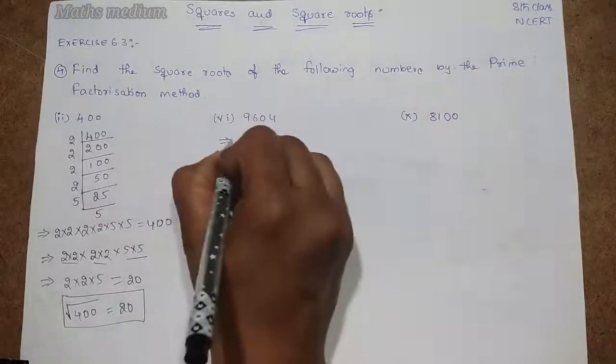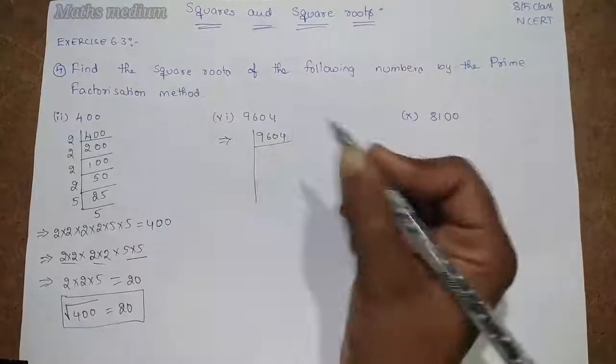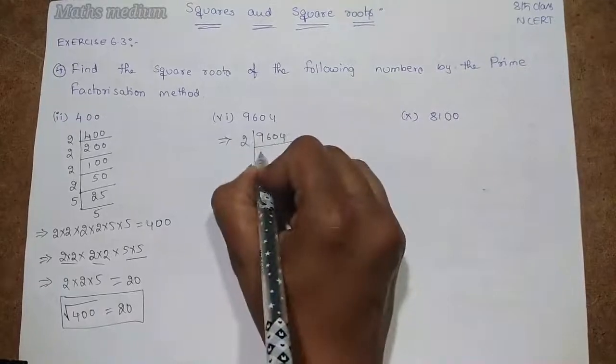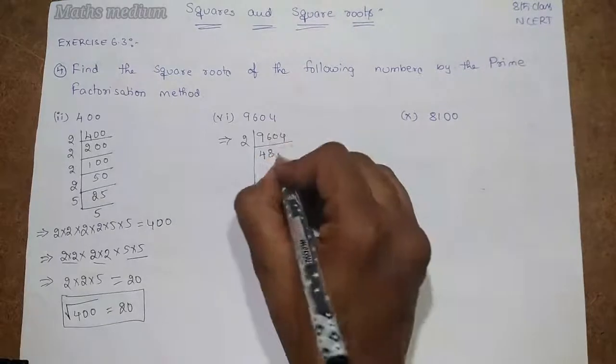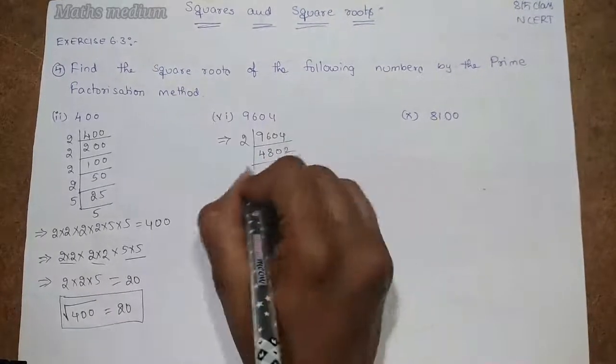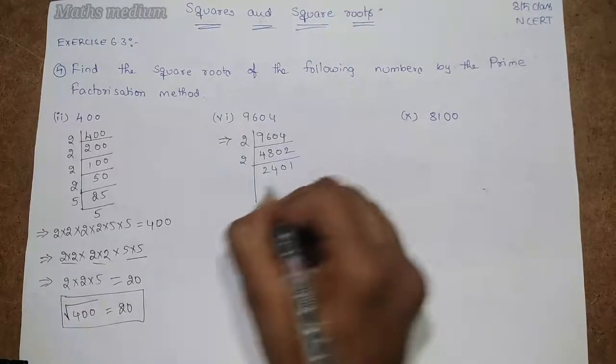Next, similarly this also, 9604. Use prime factorization. 2 4s are 8, 16 remaining. 2 8s are 16, 0. 2 2s are 4. Now again by 2, 2 2s are 4, 2 4s are 8, 0, 2 1s are 2.